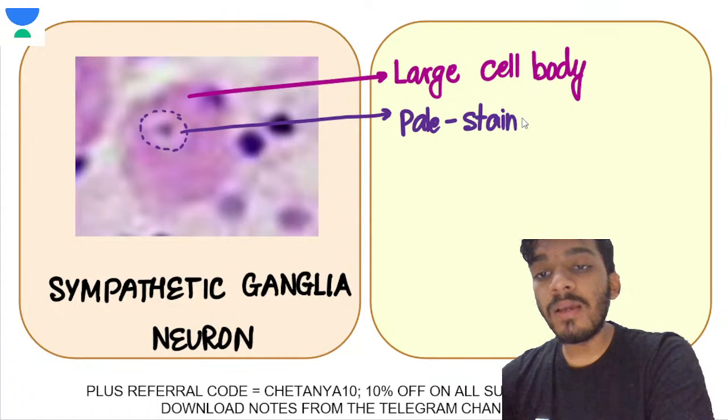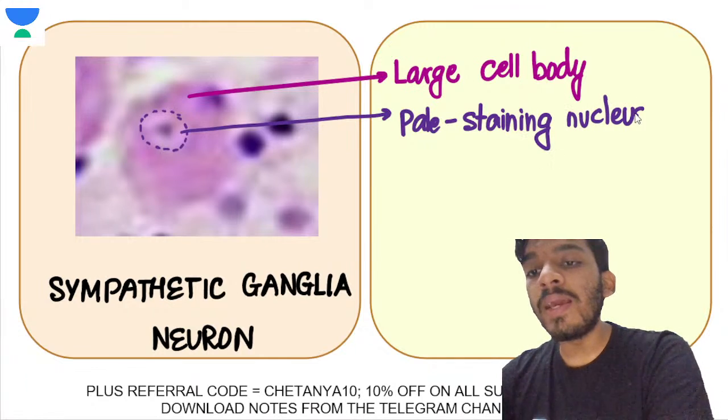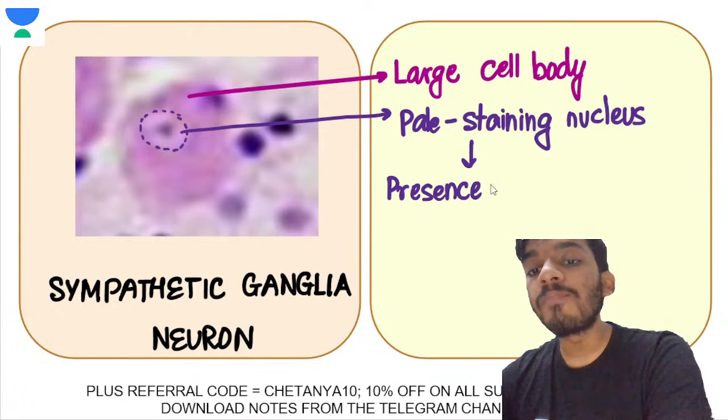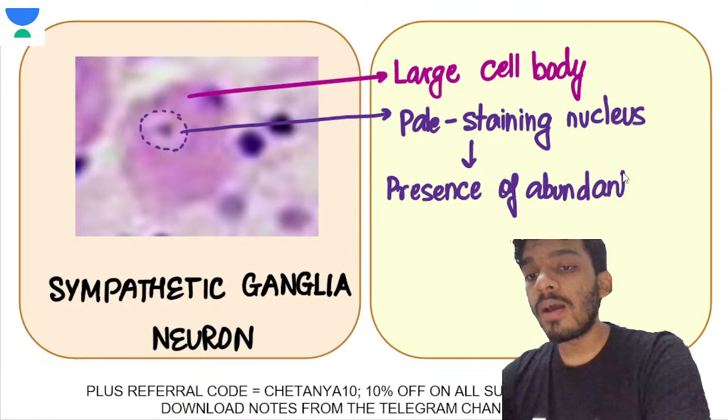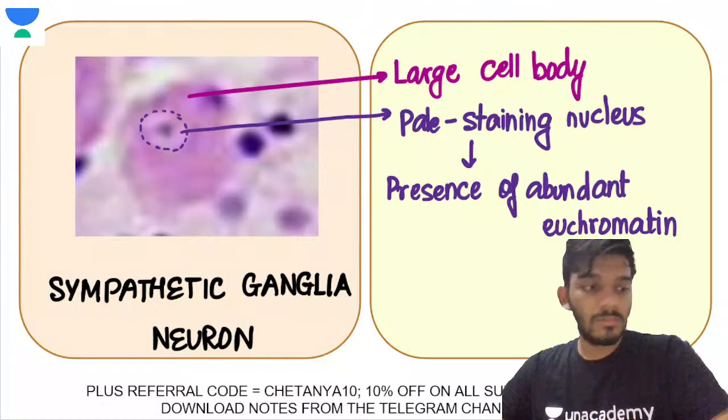Now, why is the nucleus pale staining? Because of the presence of abundant euchromatin, which means that the DNA is open. There's a lot of protein synthesis going on, right? Abundant euchromatin is not coiled. Heterochromatin appears dark.